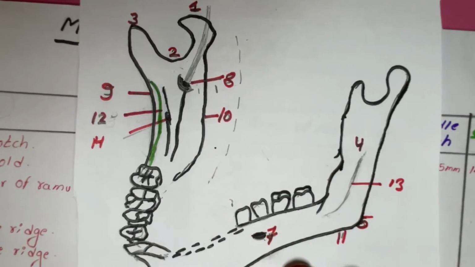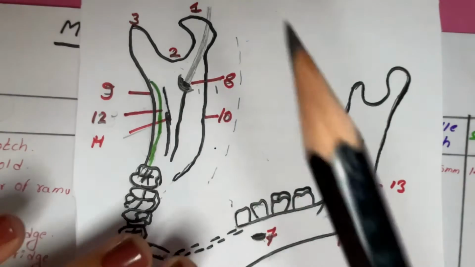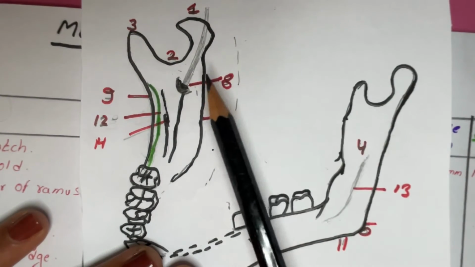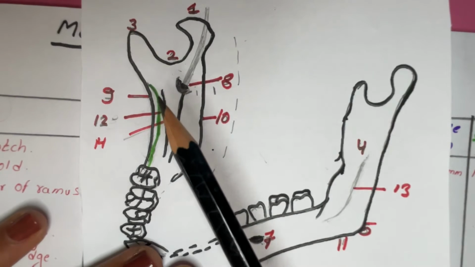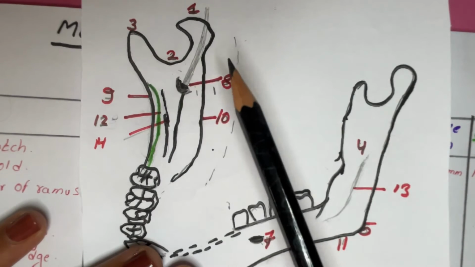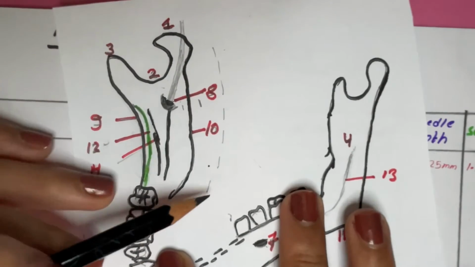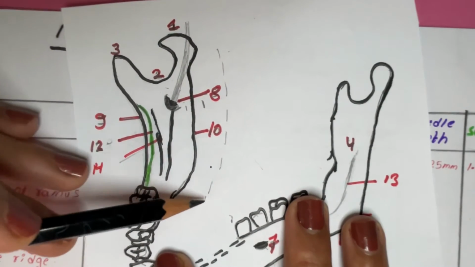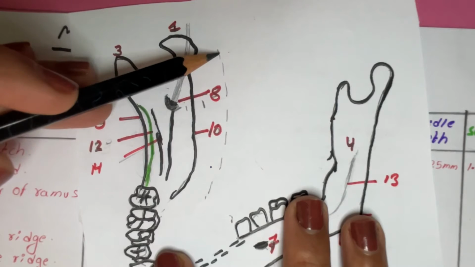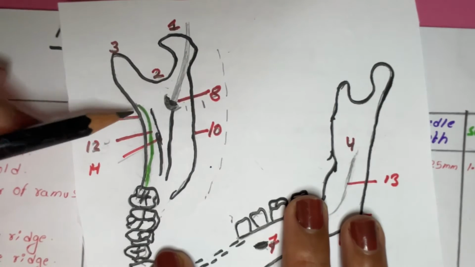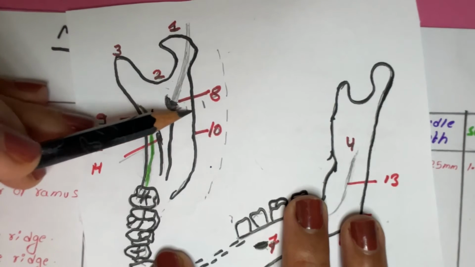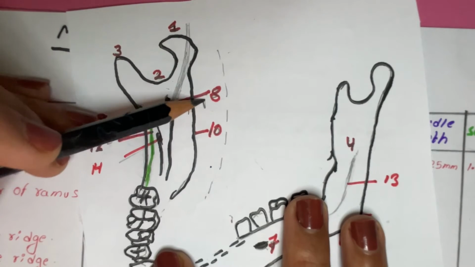The vertical line represents the anterior-posterior plane, and we are always confused about where to insert the needle in the anterior-posterior plane, here, here, or here. For this, we should always keep in mind that this is the pterygomandibular raphe and this is the coronoid notch. Divide this area into 3 parts: 1, 2, and 3.